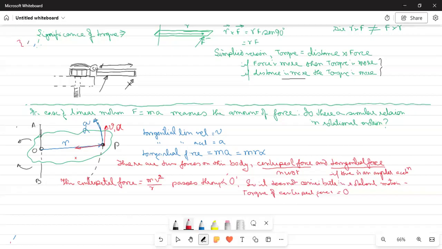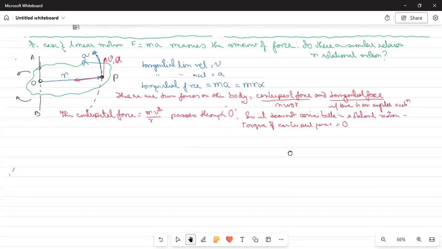Clear? You should not have any confusion. Of course, if you have any misunderstanding or confusion, you can always write to me in your comment section. The centripetal force does not contribute because its torque is zero.